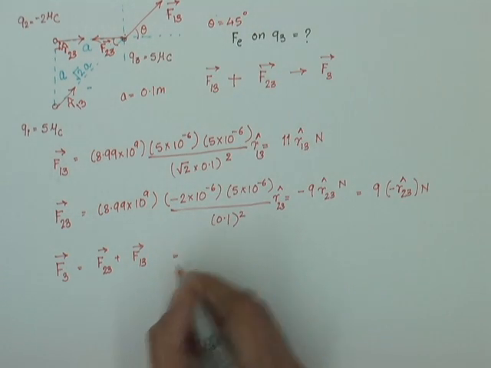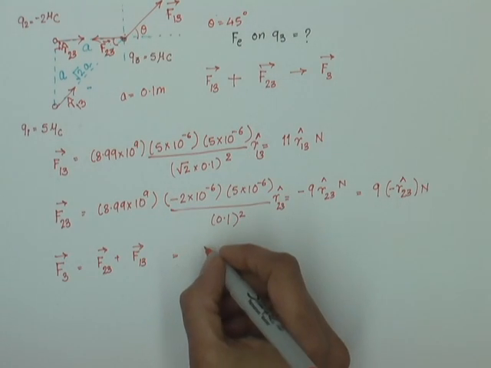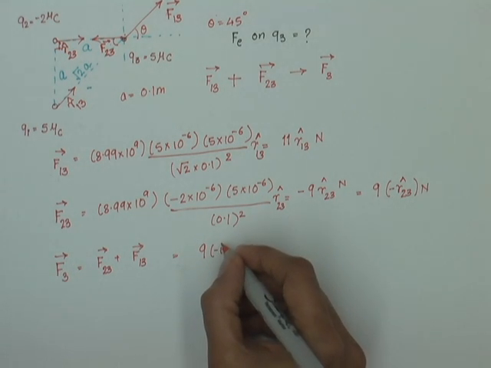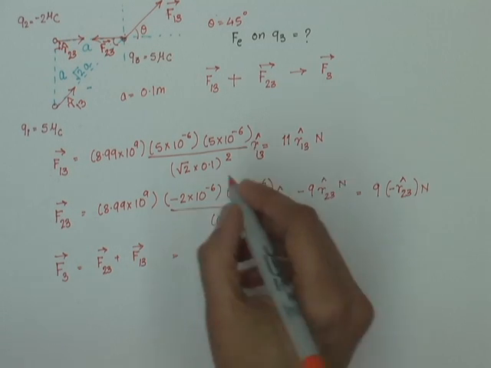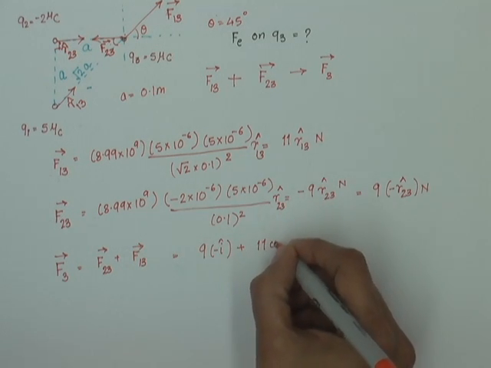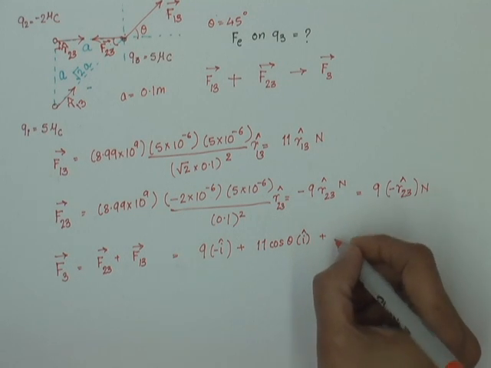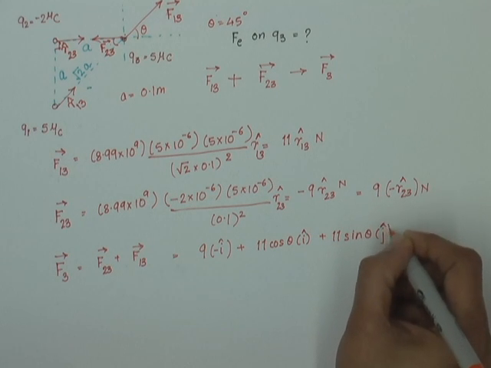Okay, so let me write what F23 is. F23 can be written as a vector of magnitude 9 in the minus i direction, plus F13, which can be written as 11 cos theta in the i direction plus 11 sine theta in the j direction.